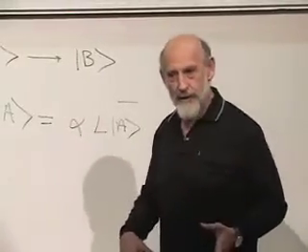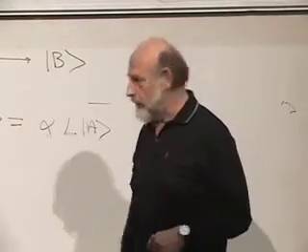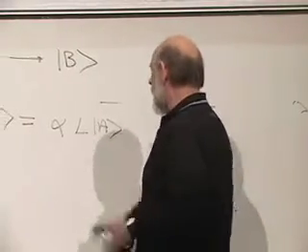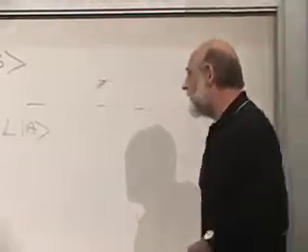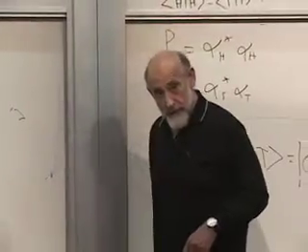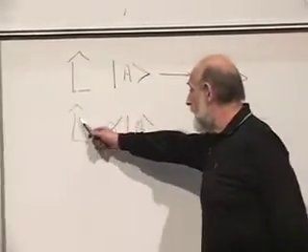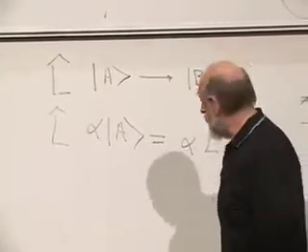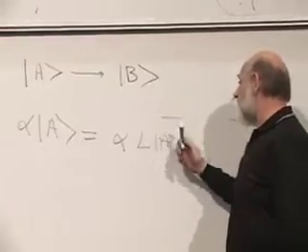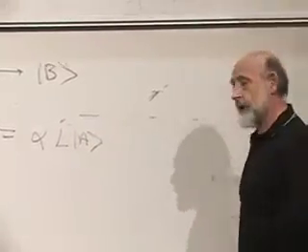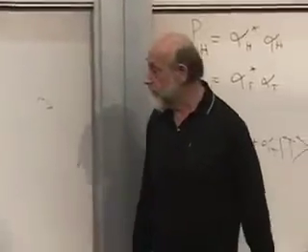Was that clear? Did I say that clearly? I hope so. Okay. So that's one property of linear operators: if you multiply a vector by a number and then operate with the linear operator, it just gives you the number times the linear operator on the original vector. That's number one.